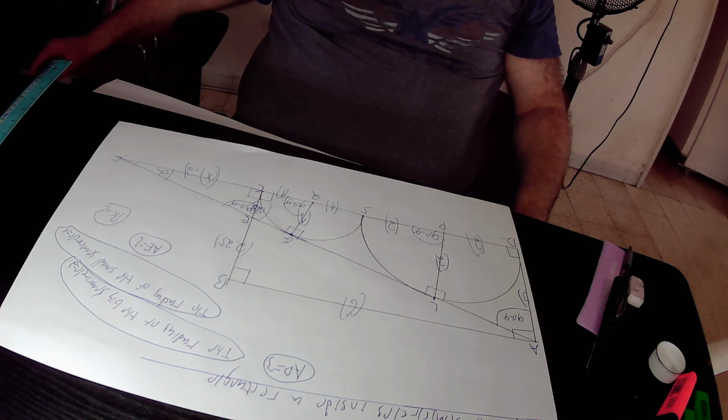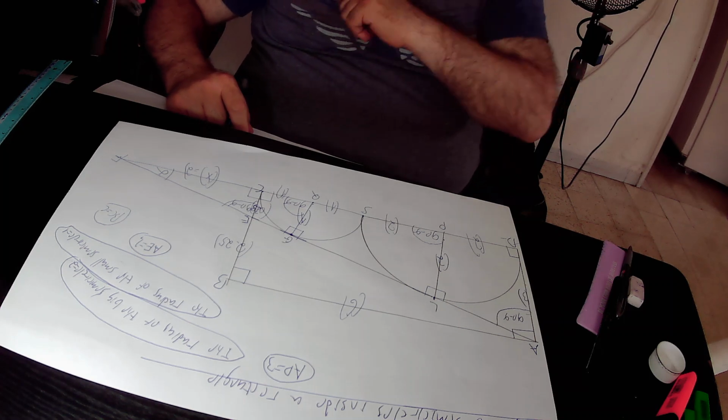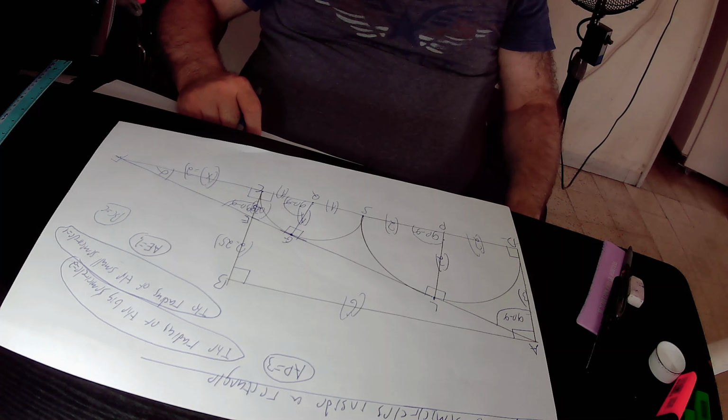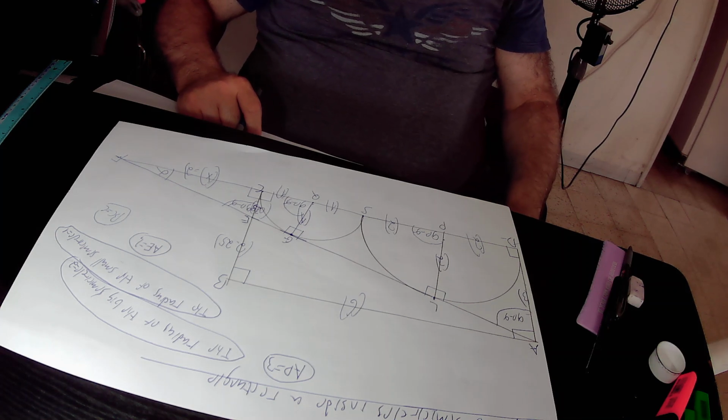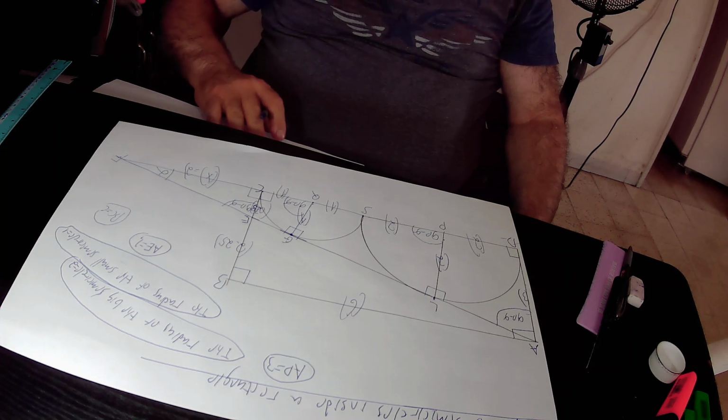In the next step, I copy the right triangle ABE onto a new page, and we will apply the Pythagoras theorem on this right triangle ABE. According to the Pythagoras theorem, in any right triangle, the square of the hypotenuse equals the sum of the squares of the perpendicular sides.